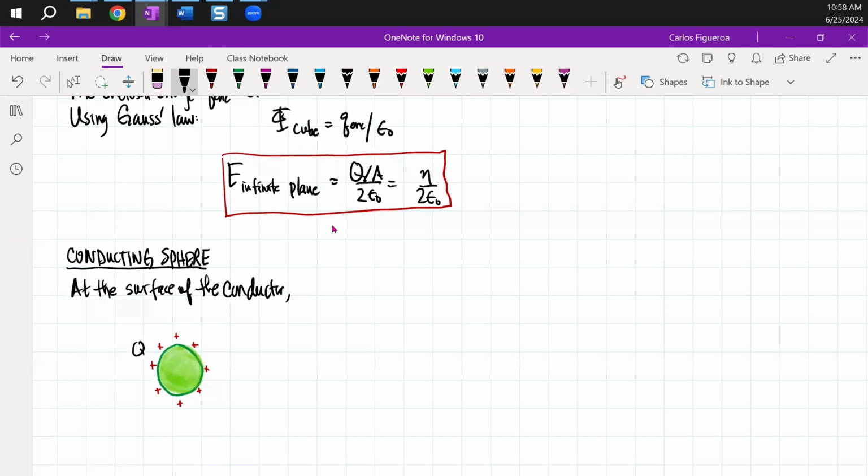So now if I take my limit now, as R gets really close to R, what do I see? Well, we already said that we see an infinite plane. So I imagine that we have an infinite plane here.